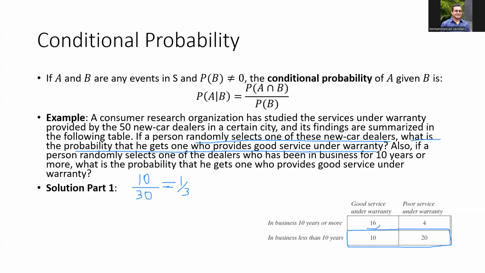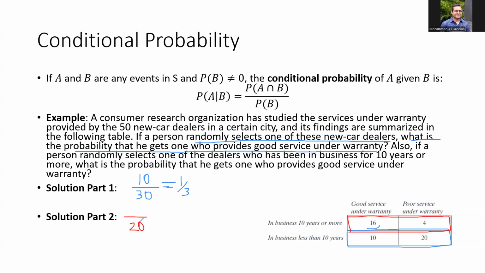And for the second part, we want to compute the probability that a person randomly selects one of the dealers who has been in business for 10 years or more. So in this case, we consider the first row, 10 years or more. And what's the probability that he gets one who provides good service? The number of dealers in the business 10 years or more is 16 plus 4, which is 20.